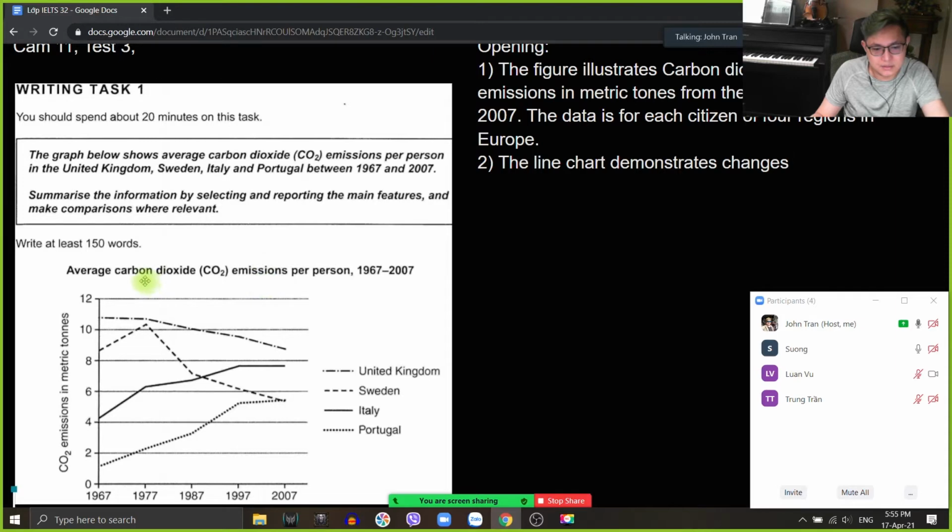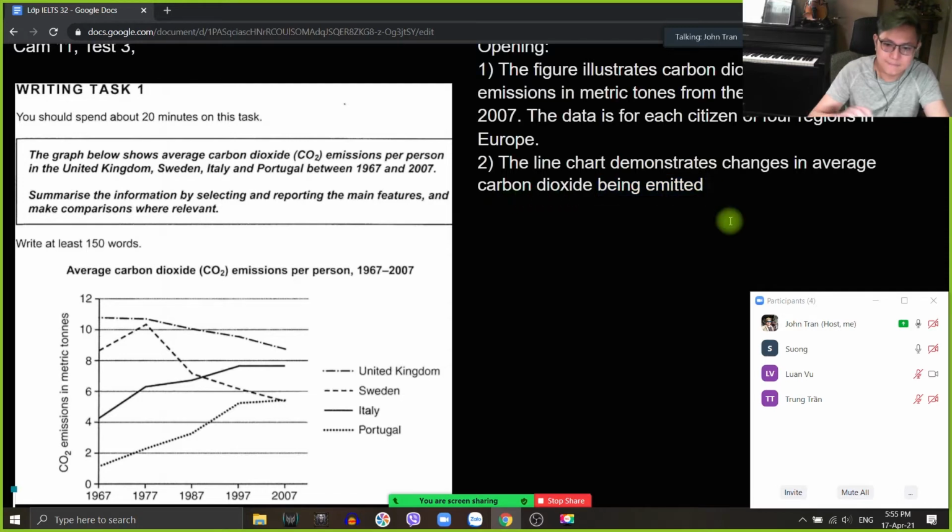So instead of saying the number of the CO2 emission, I can use the verb form instead of the noun. Changes in average carbon dioxide being emitted. Sorry, I just need to use normal lowercase letters. Here I basically use the verb form: emission becomes emitted. The line chart demonstrates changes in average carbon dioxide being emitted.